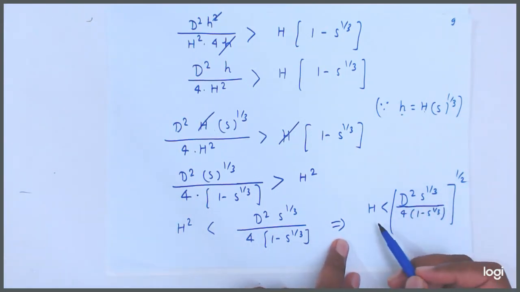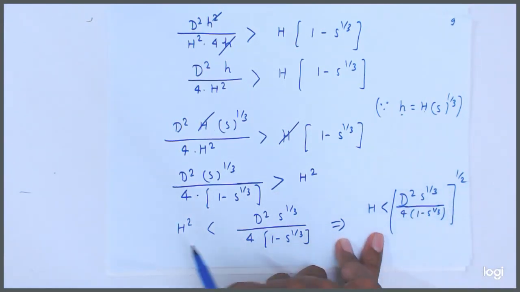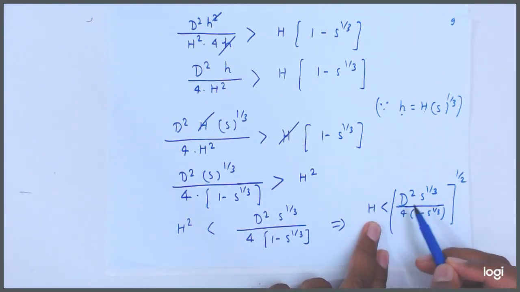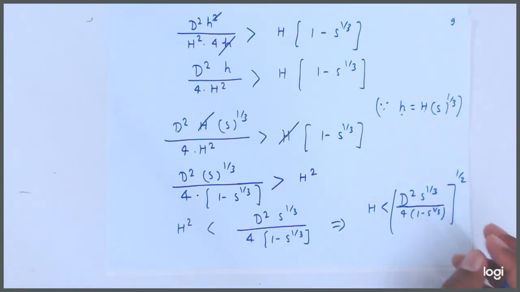Or friends, if you say this 2 will go this side, what will come? H should be less than d square s to the power 1 by 3 upon 4 into 1 minus s to the power 1 by 3, bracket close, to the power 1 by 2.